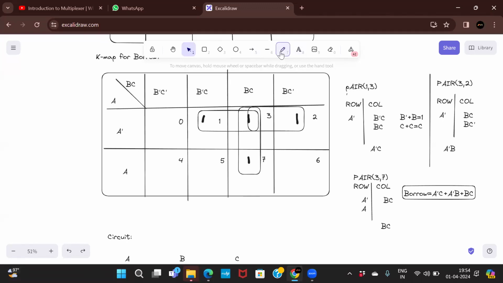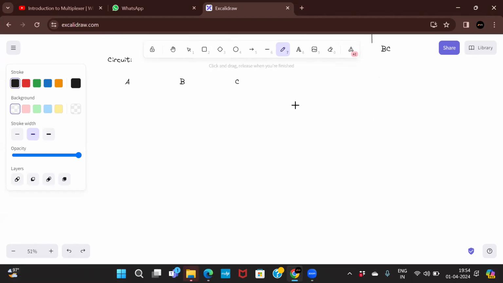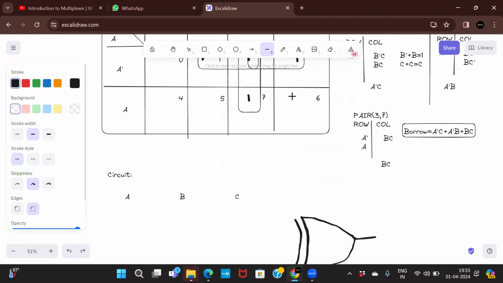Now you tell me how many gates we require. Just look at the expressions and tell me. This is one gate.